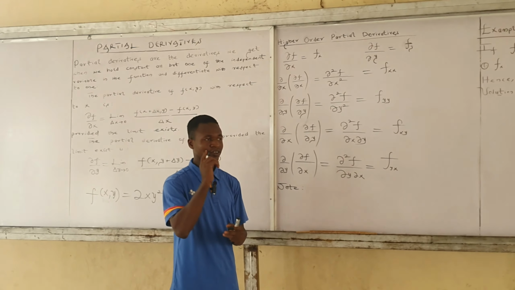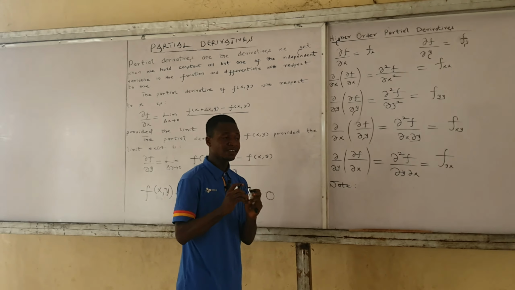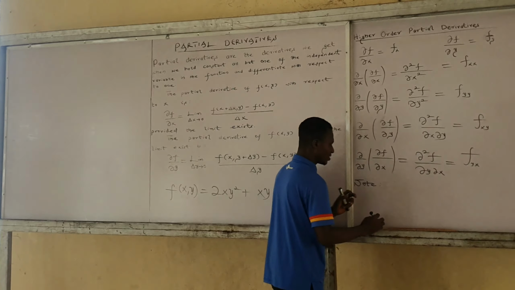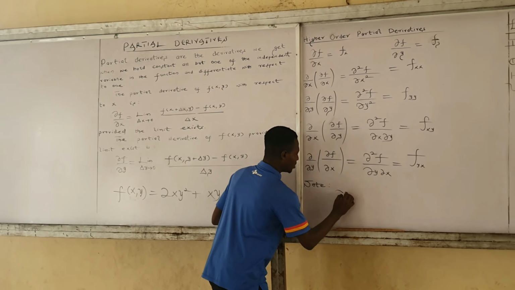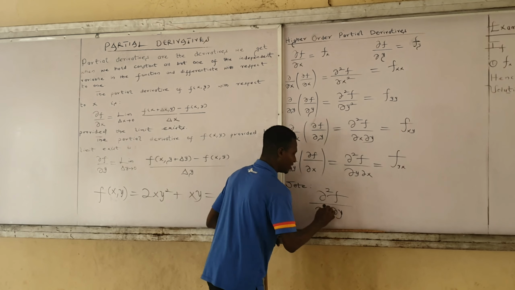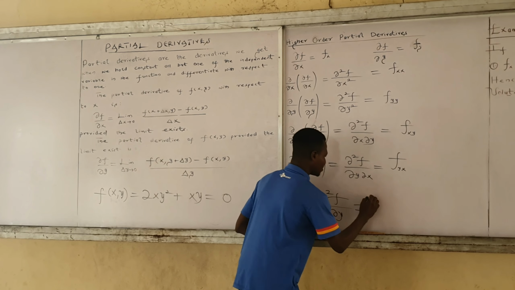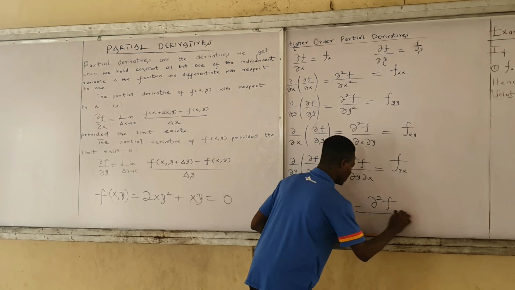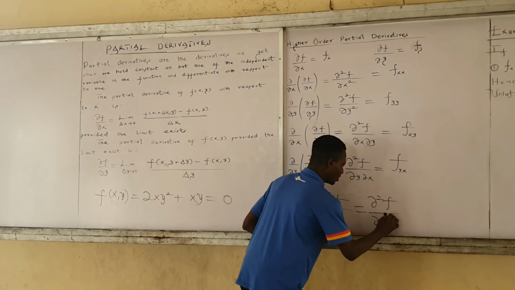And one thing you have to understand from partial derivatives is that ∂²f/∂x∂y is the same thing as ∂²f/∂y∂x.